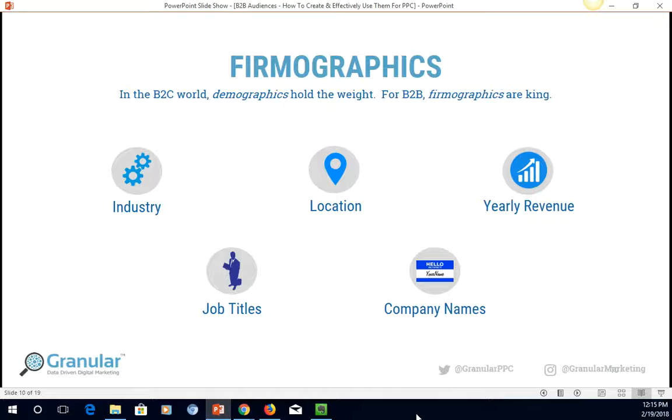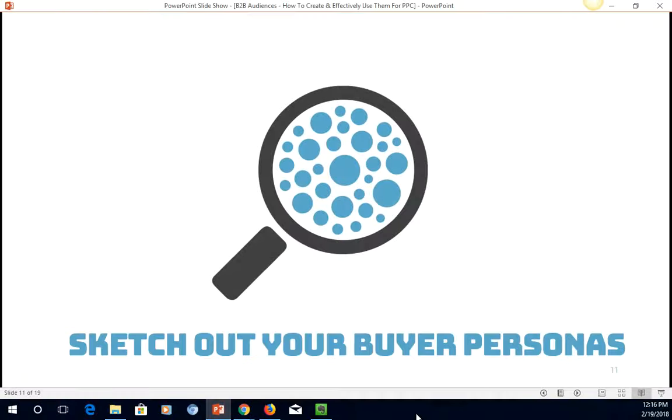And then company names, if you are targeting businesses that have multiple locations or franchises, and they've got multiple people that you want to target in the same company, then that could be an important factor as well.